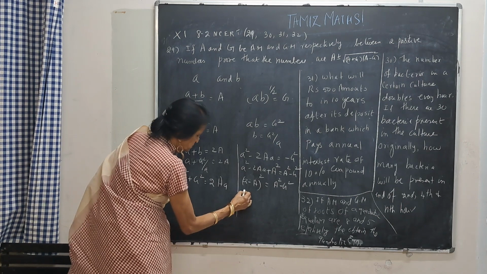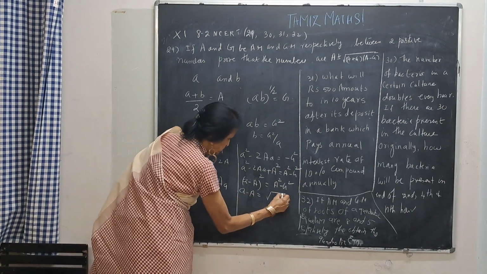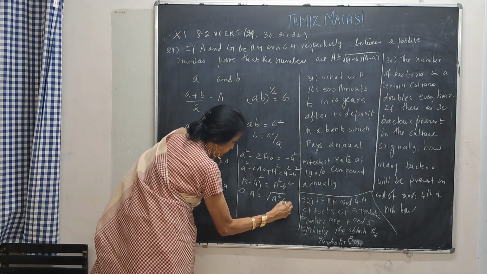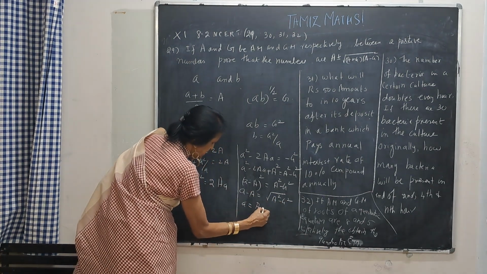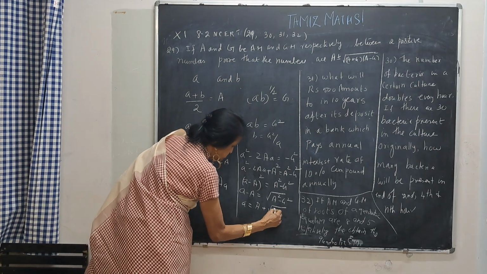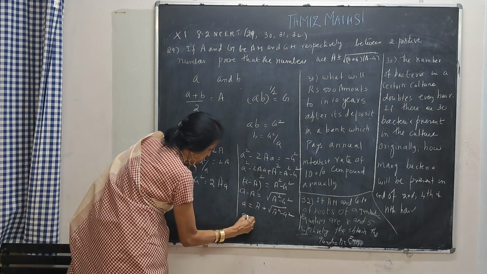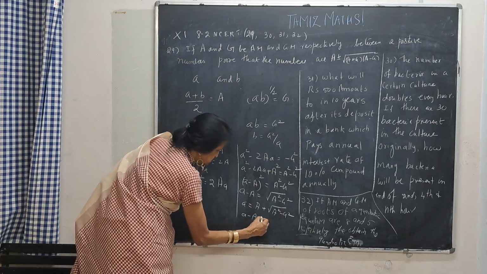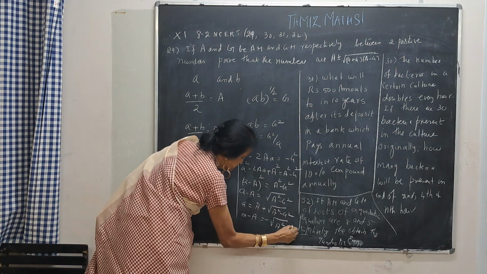Take square root on both sides. a minus A is equal to root of A squared minus G squared. So a is equal to, this will go to that side, A plus root of A squared minus G squared. Or a minus A can be negative of this, minus root of A squared minus G squared.